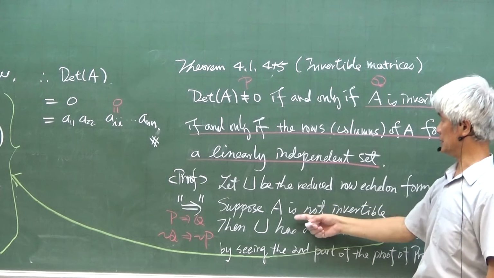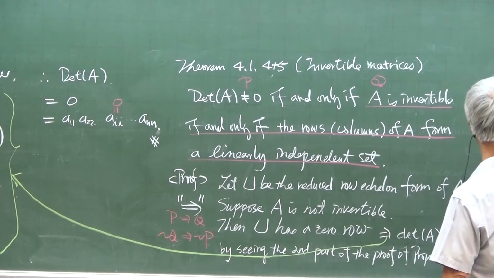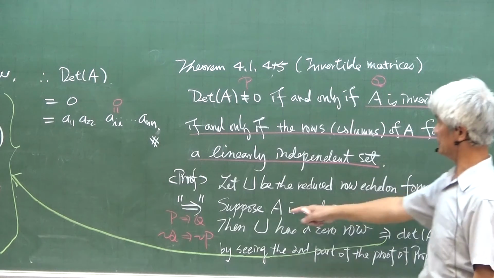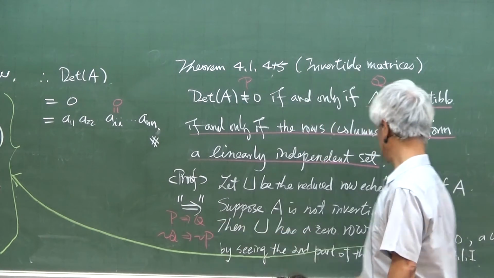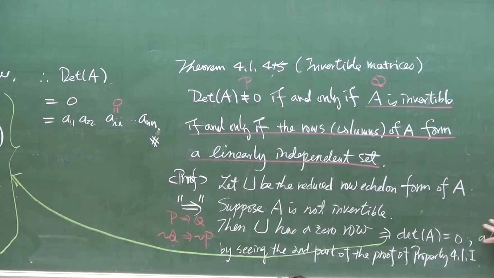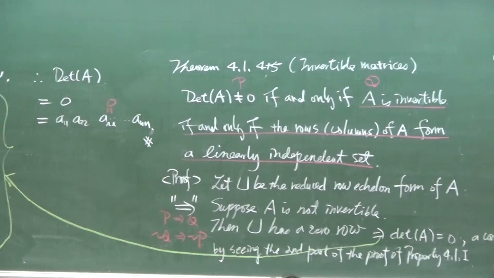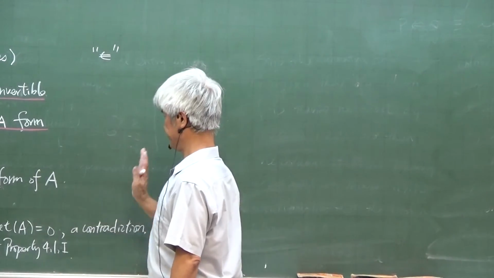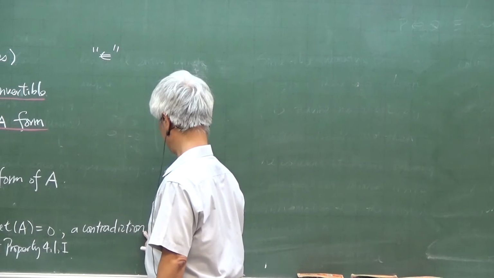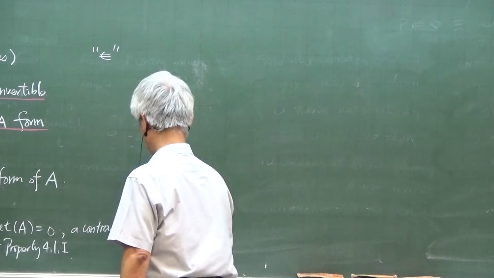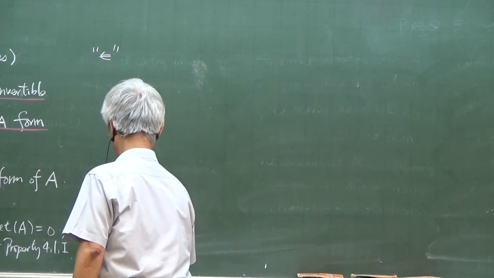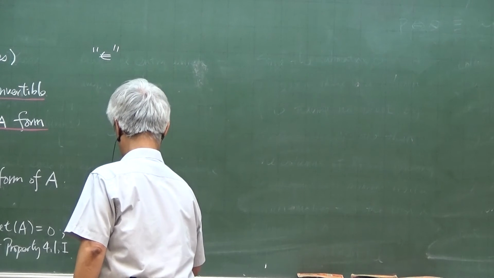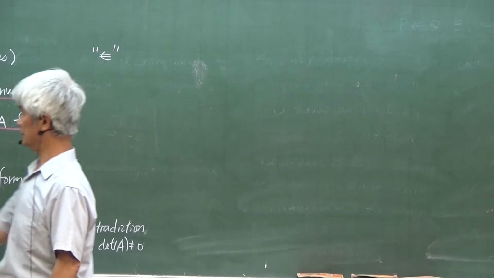So this assumption is invalid. Or you can logically just prove this one. Okay? So you can get rid of the contradiction to determinant of A not equal to 0, if we can prove this one.